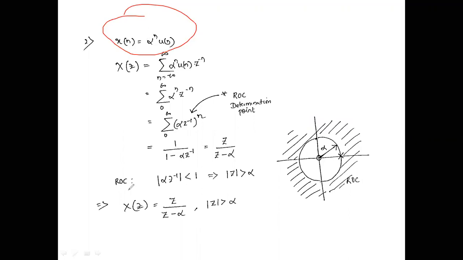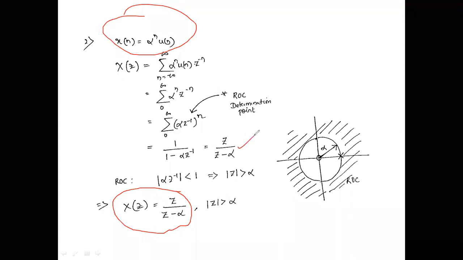It always gives you a z transform z divided by z minus alpha. So remember this particular problem as a template. We will use it every time.